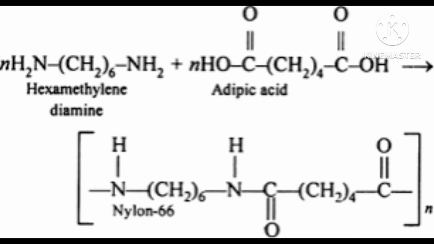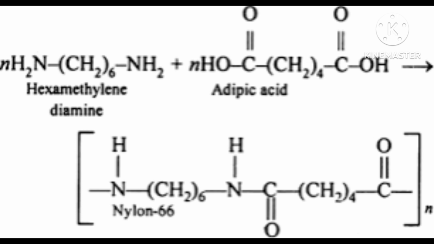Now two OH groups will be there, meaning CH2OH on one carbon and CH2OH on the other carbon, and the double bond became a single bond. That is ethane 1,2-diol.